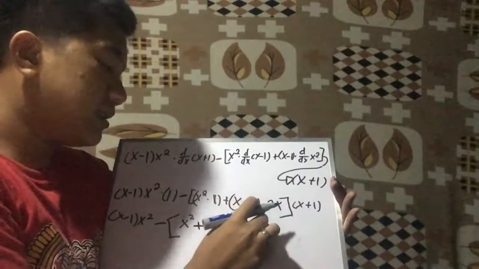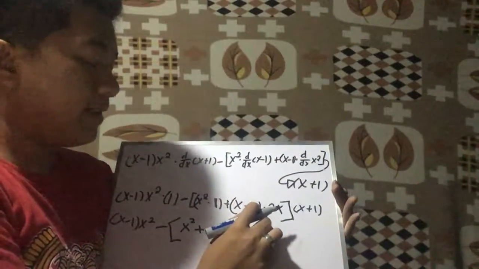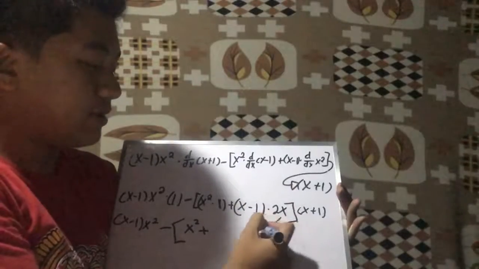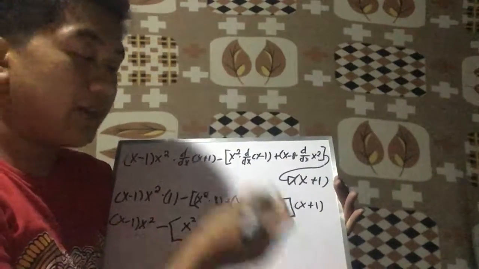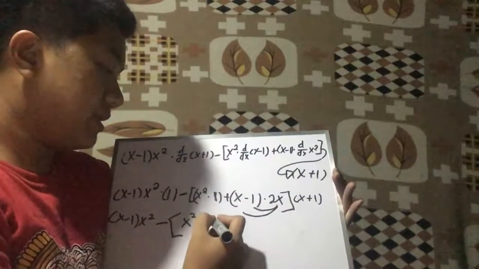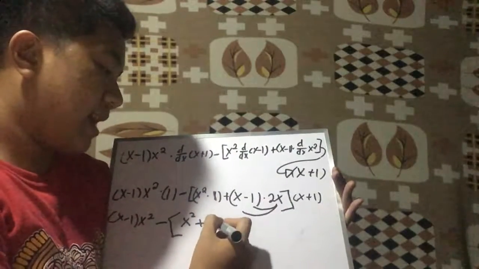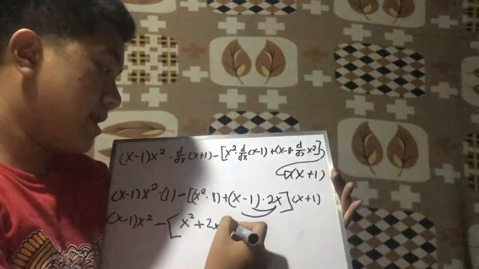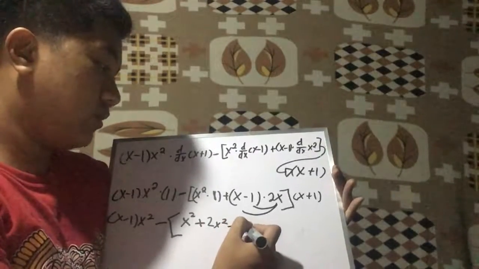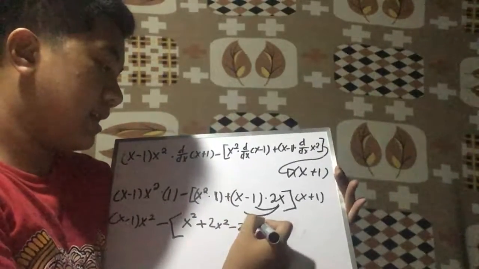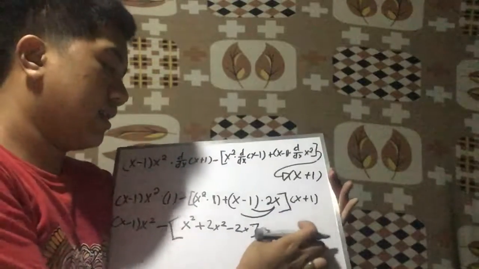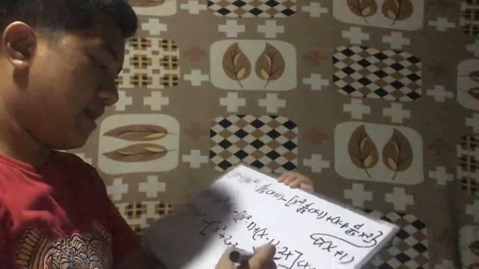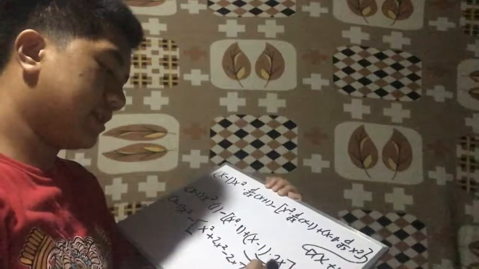plus, let's just say this is 2x, distribute 2x squared minus 2x, so this is plus 2x squared minus 2x times our x multiplied by our x plus 1.